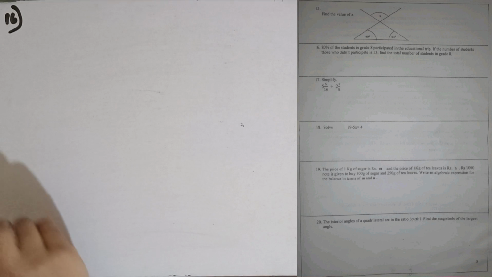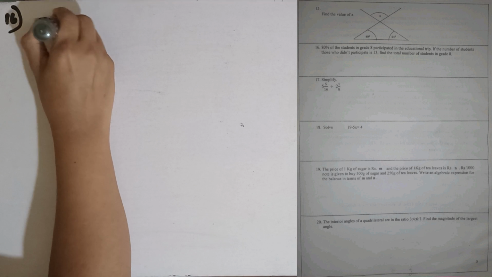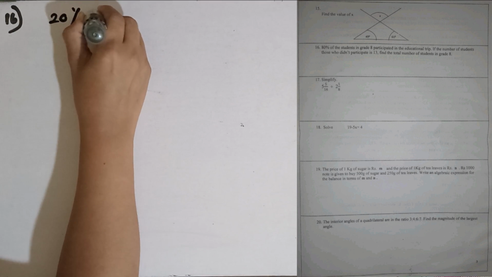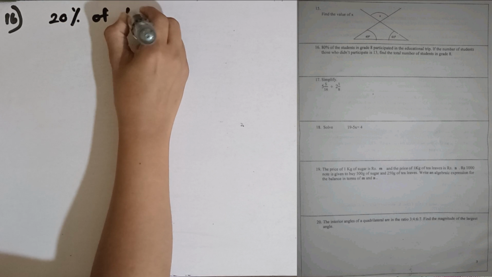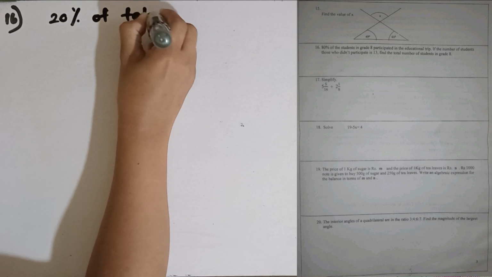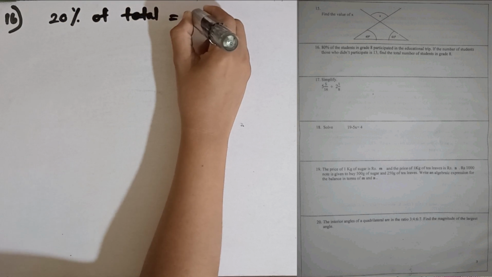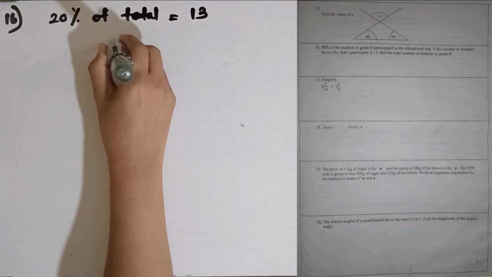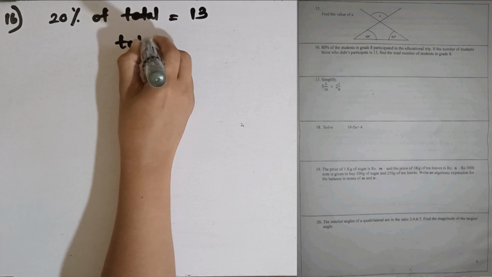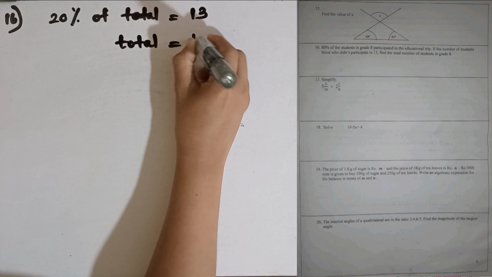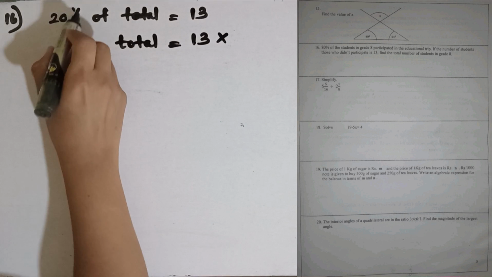The percentage of students who did not participate is 20%. Then we can write 20% of total is equal to 13.